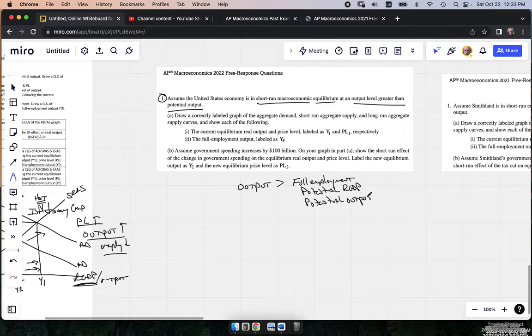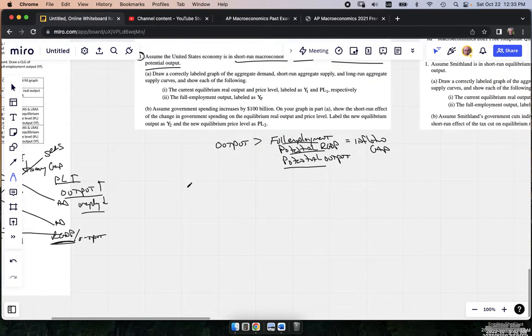All of these mean the same thing. When output is greater than full employment, potential real GDP, or potential output, we definitely have an inflationary gap. Again, you have to know the language or it becomes a little more complicated on the test.